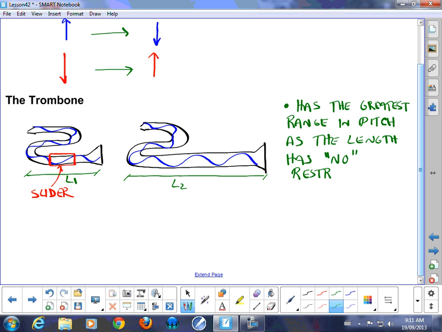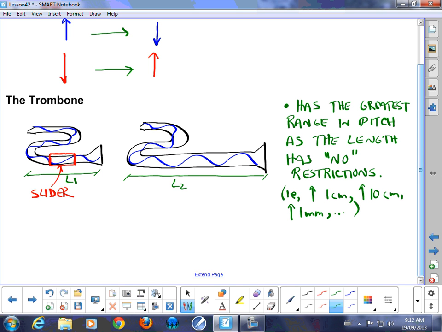Obviously, there are restrictions in the sense that it can only go so short, it can only go so long. But you can change the increments, increasing by 1 centimeter, by 10 centimeters, or by 1 millimeter, for example. Whether you can discern the difference is a different story, but you have that whole range.